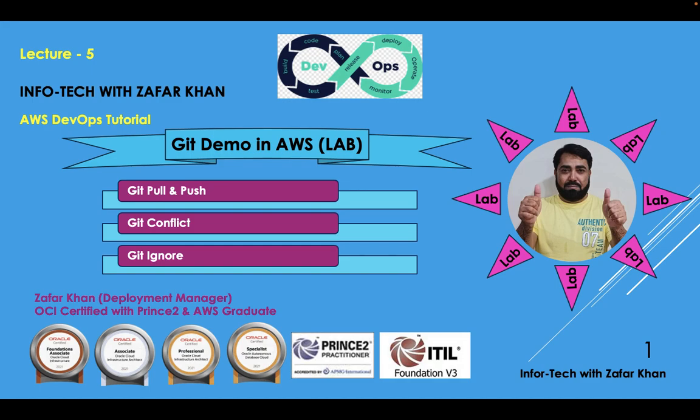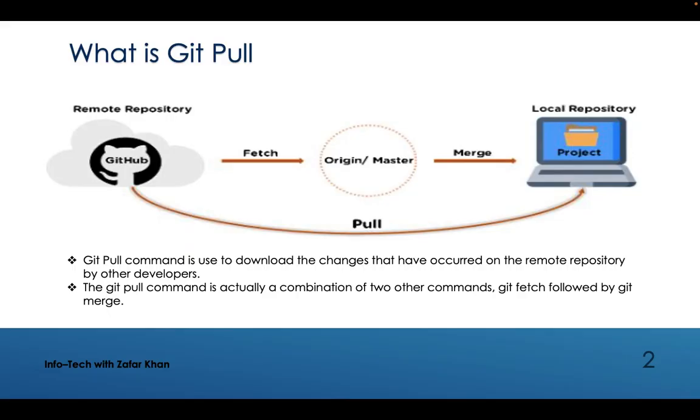Okay, so first we will check what is git pull. Git pull is basically a command used to download the changes that have occurred on the remote repository. The git pull command is the combination of two other commands, git fetch and git merge.